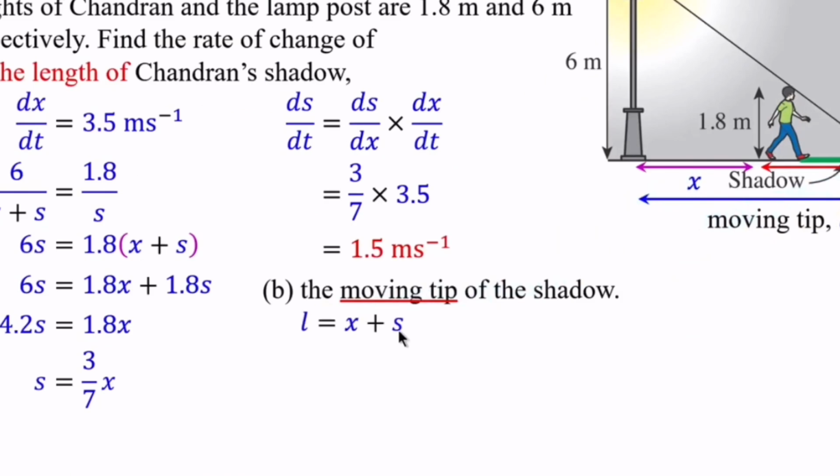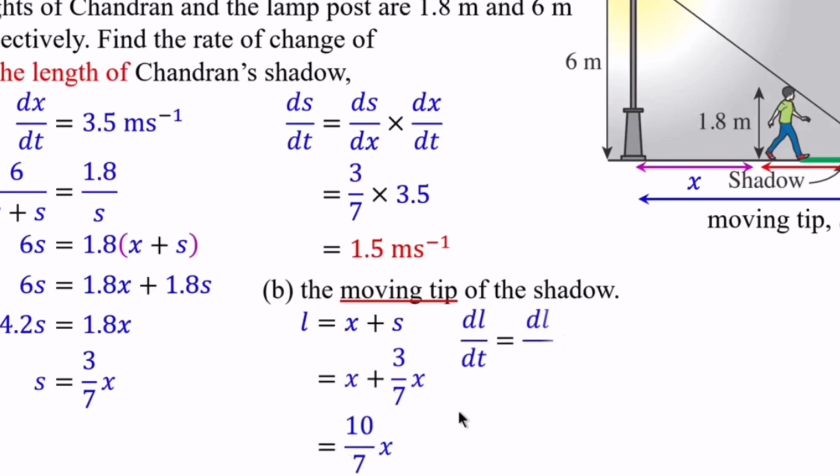This question is a bit challenging. So now we need to write down that L is x plus s. The s is 3 over 7 x, so we can write L in terms of x. If you add, it should be 10 over 7 x.